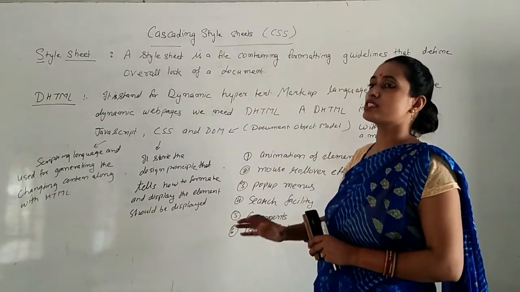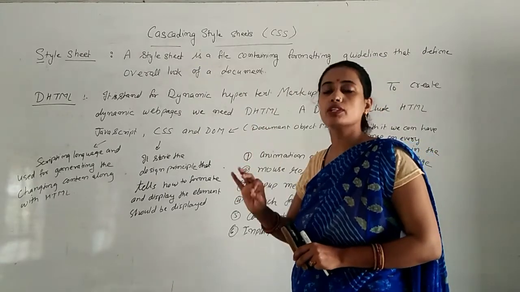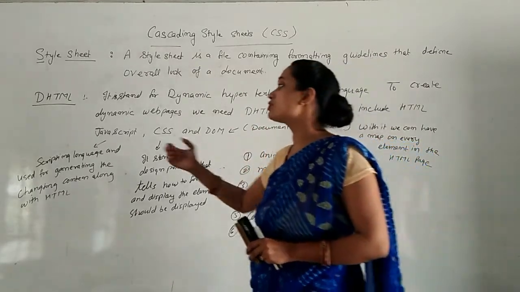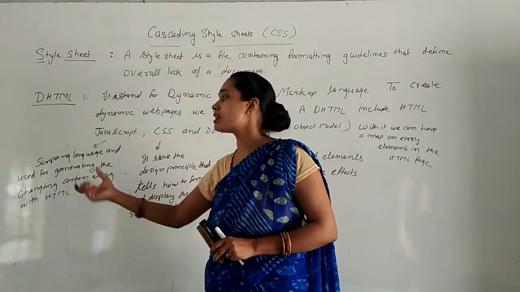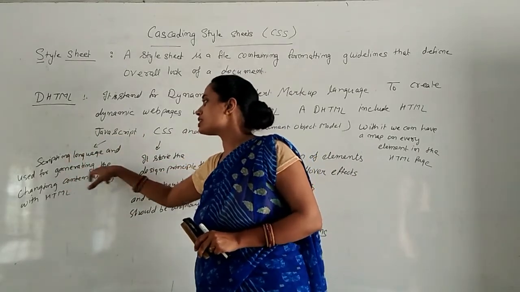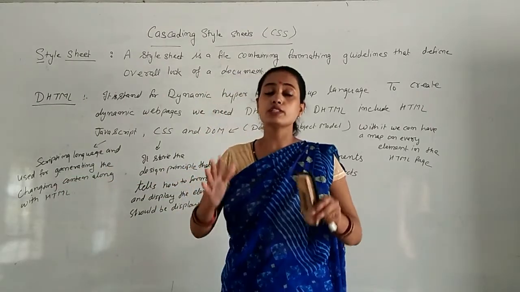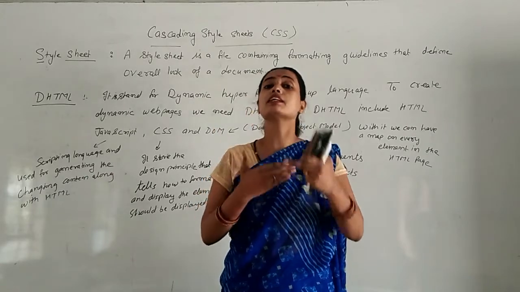Giving some extra features, for making some operation on that particular HTML element, we are using JavaScript. JavaScript is what? It is a scripting language used for generating changing content along with HTML. It is used for generating dynamic content.